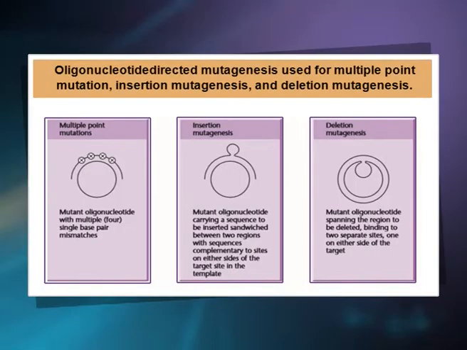A variation of the procedure as shown in the figure involves oligonucleotides containing inserted or deleted sequences. As long as stable hybrids are formed with single stranded wild type DNA, priming of in vitro DNA synthesis can occur, ultimately giving rise to clones corresponding to the inserted or deleted sequence. There are many different methods of oligonucleotide directed mutagenesis, but most are minor variations on two approaches to obtaining desired mutant plasmids.